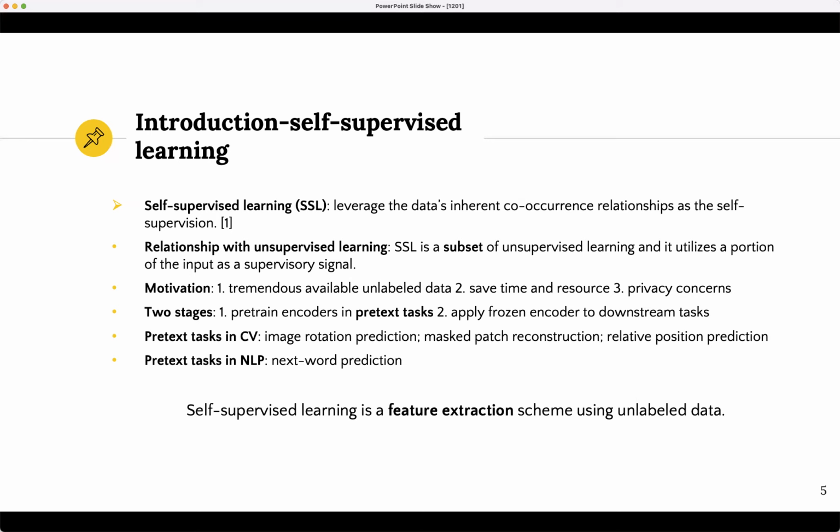All those tasks can be regarded as pretext tasks. In NLP, a very famous task is next word prediction, or mask reconstruction as performed by Google's BERT. Those can also be regarded as pretext tasks. So generally speaking, self-supervised learning is a feature extraction scheme using unlabeled data.